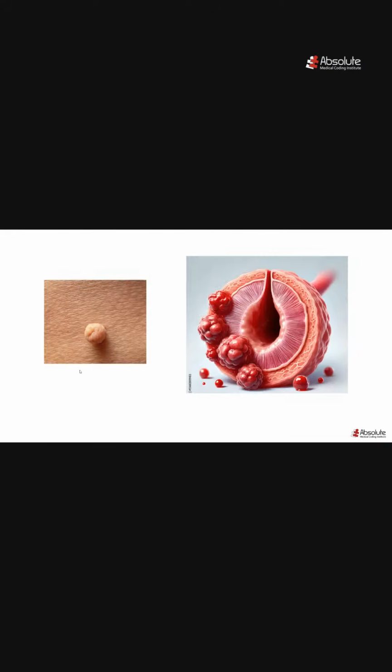Now let me go ahead and show you. This is a skin tag and this is a hemorrhoid, right? So let's say this is a skin tag. So you got a skin tag in the same area as the hemorrhoid. Absolutely, they would be normally just carried out at the same time. There wouldn't be anything different.